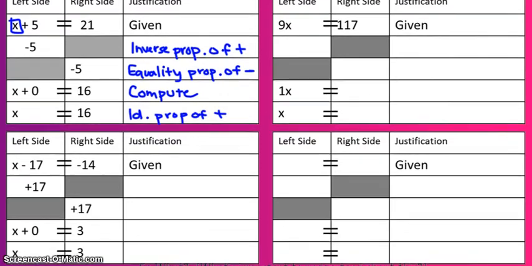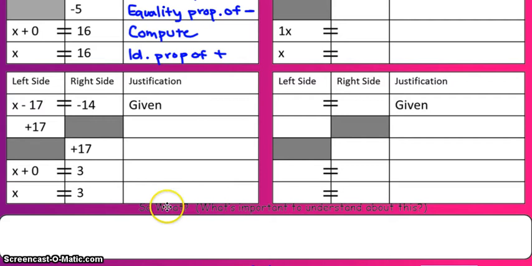Okay, let's go down to this bottom table where it says x minus 17. This is what's given to us: x minus 17 equals negative 14. We want to get this x by itself, so we have to get rid of subtracting 17. To undo subtracting 17, you have to add 17. That's the inverse property of subtraction. We added 17 on the left side, so on the right side you have to add 17.